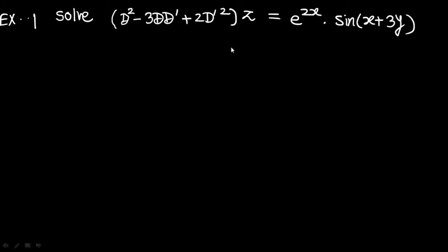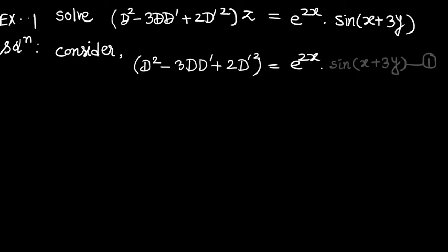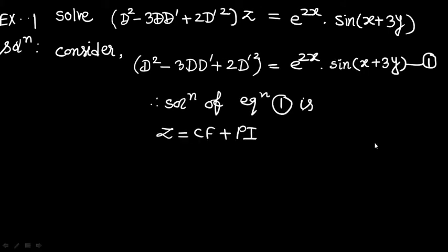Solve this equation. Now consider the given equation first. Use equation number 1. Then the solution of equation 1 is z equal to CF plus PI, where CF means complementary function and PI means particular integral, gives equation number 2.